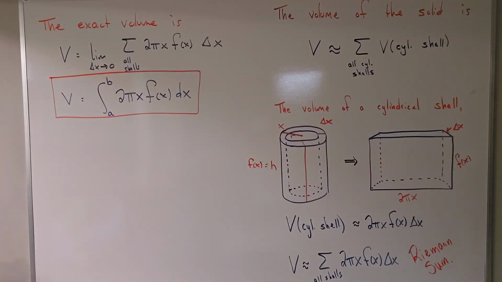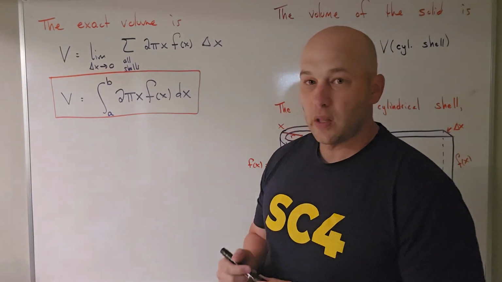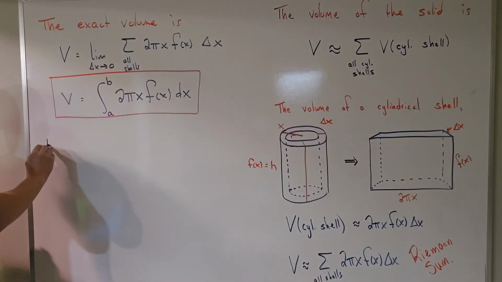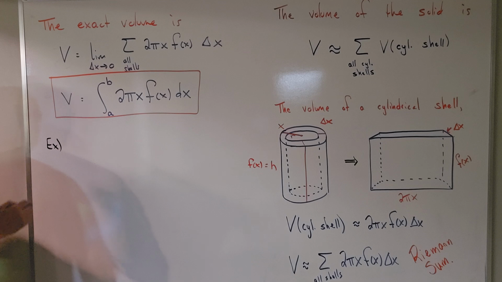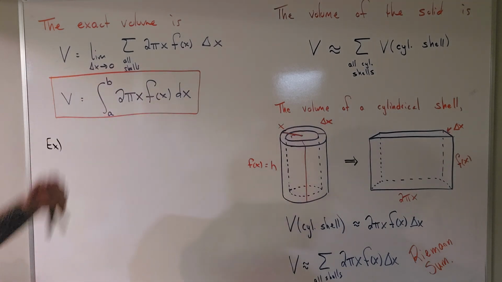So let's take a look at two examples of computing a volume using the shell method. For example, the first example I want to do is going to be a graph that resembles the motivating example that I did.